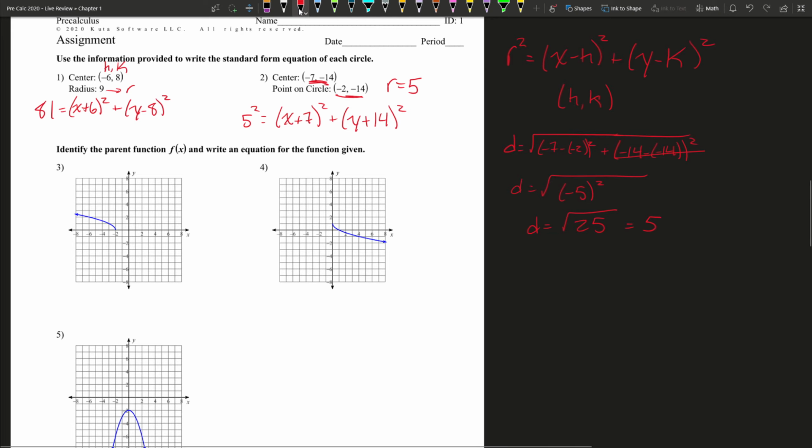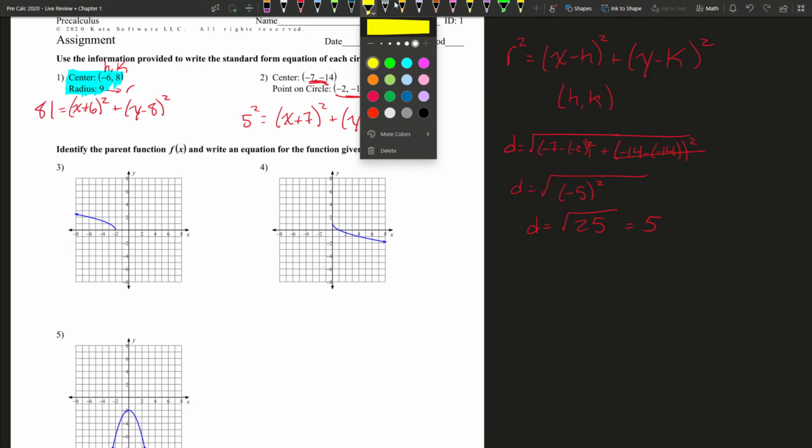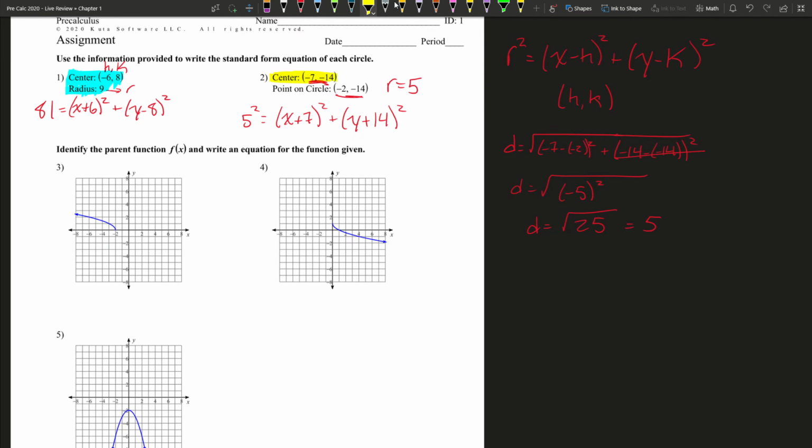So there will be one problem where you're given the center and the radius explicitly, right? So you don't have to find anything. And then there will be one problem where you're given the center and then something not as explicit as the radius. Something that gives you enough information for it, but not necessarily r is equal to this, right? You have to find r.